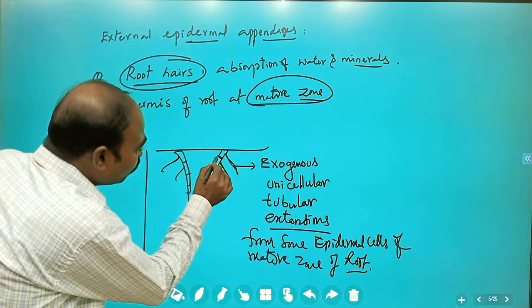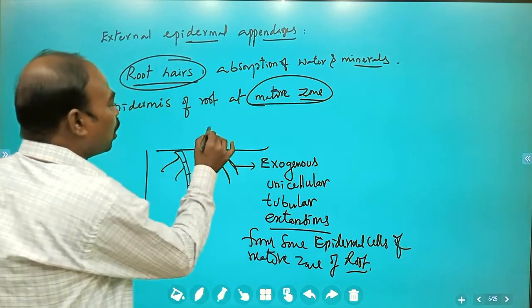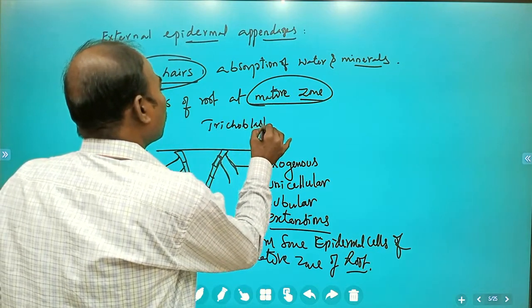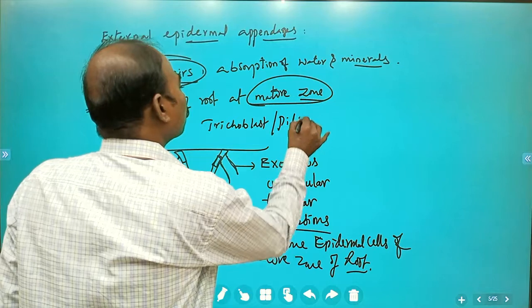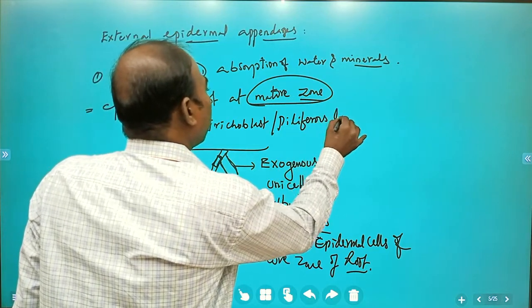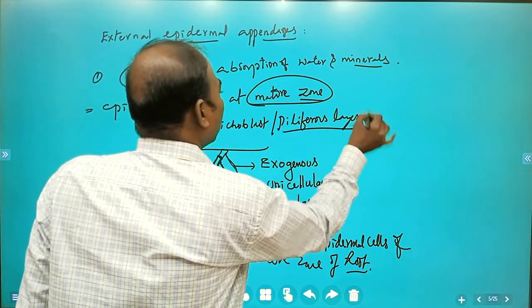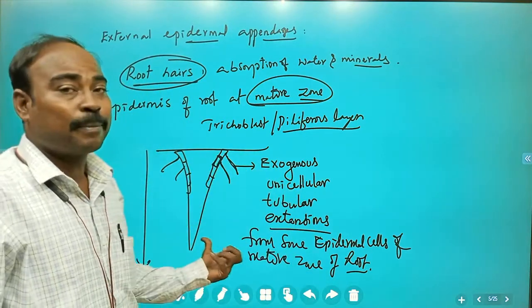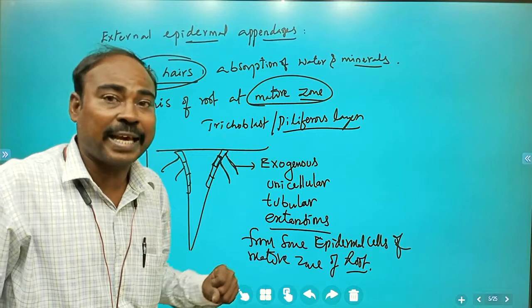The epidermal cells which produce the root hair are called trichoblasts or piliferous layer. Because of the production of tubular root hairs, these root epidermal cells are said to be piliferous layer.